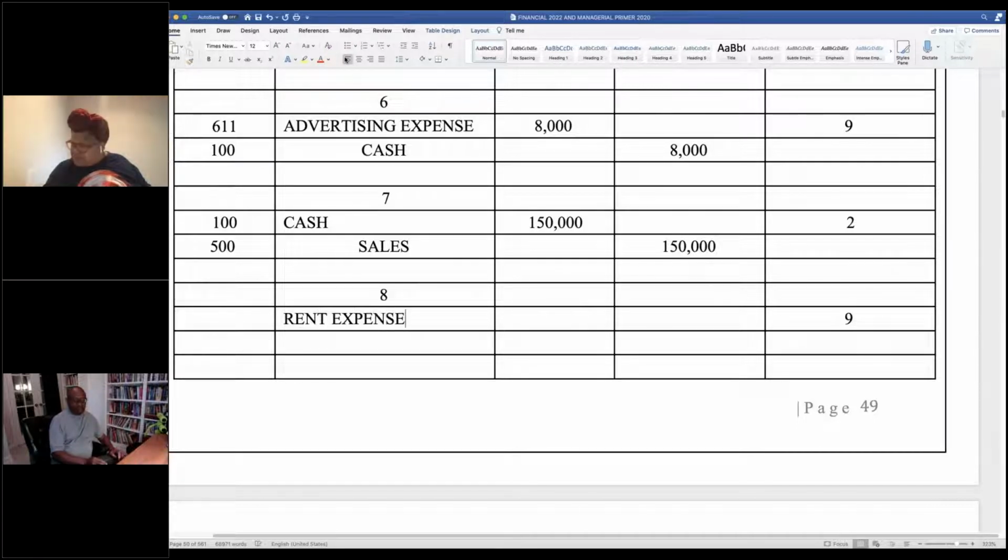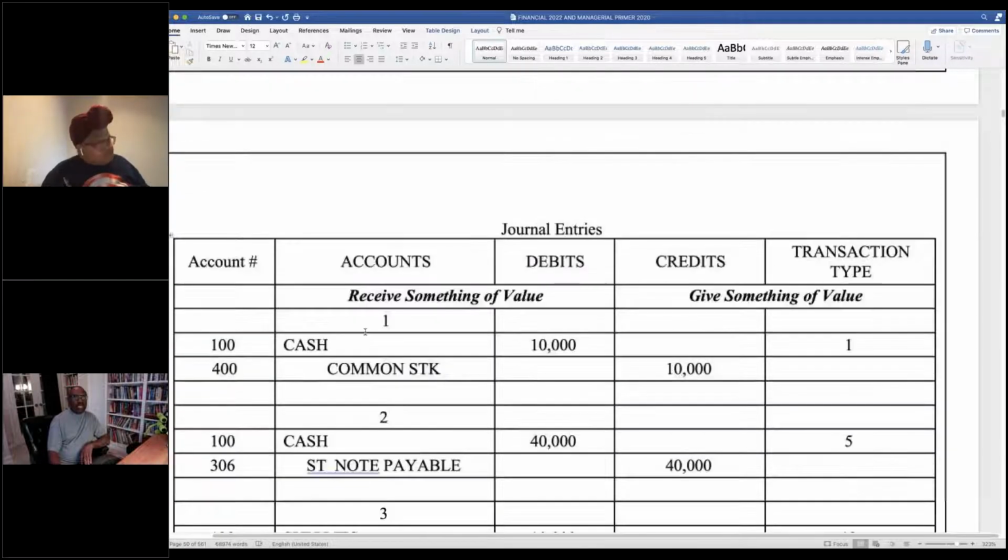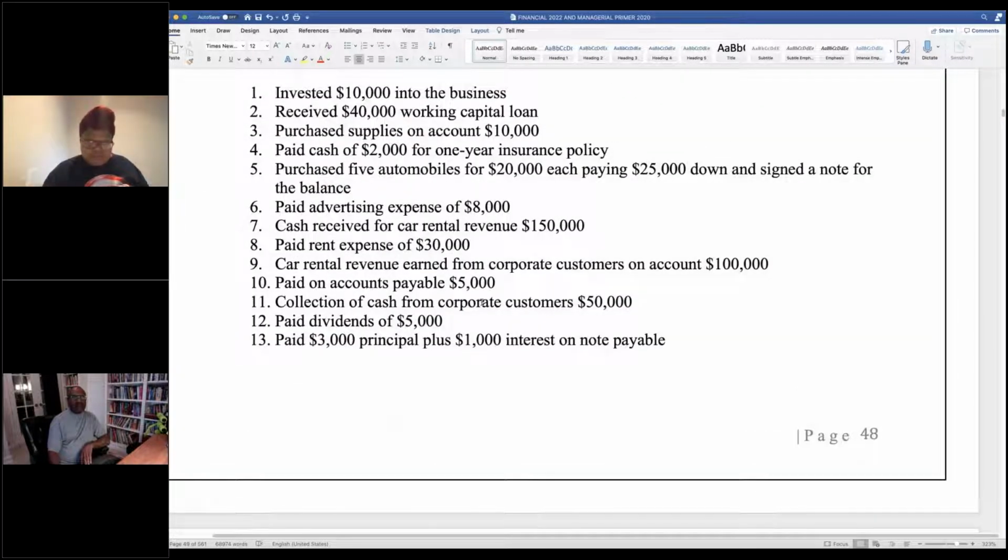Was it 30,000? Rent expense, credit cash. What's the account number for rent expense? 651. Cash, of course, is 100. Rent that we pay, 30,000.